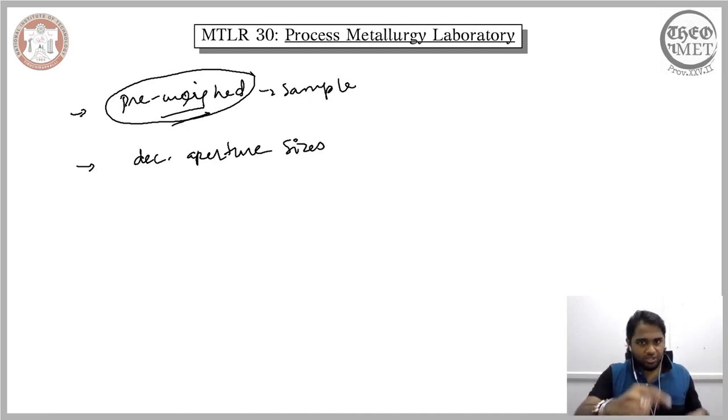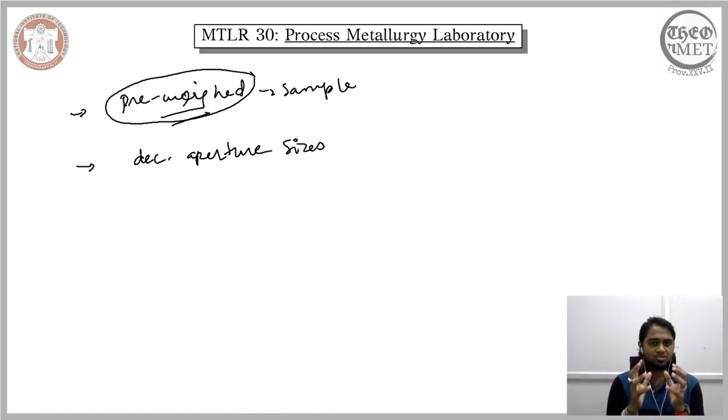So the first critical aspect of the sieve analysis is that you consider a sample. The sample comprises fragments of varying sizes, and critically you have already accurately weighed the overall mixture that comprises fragments of different sizes. Once you have weighed it, you subject this pre-weighed sample of fragments to a series of sieves of varying aperture sizes.